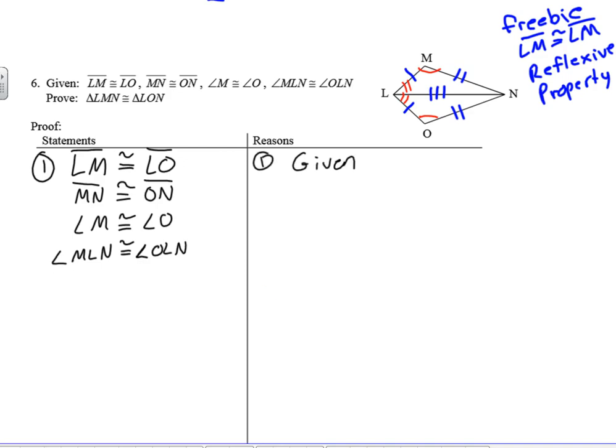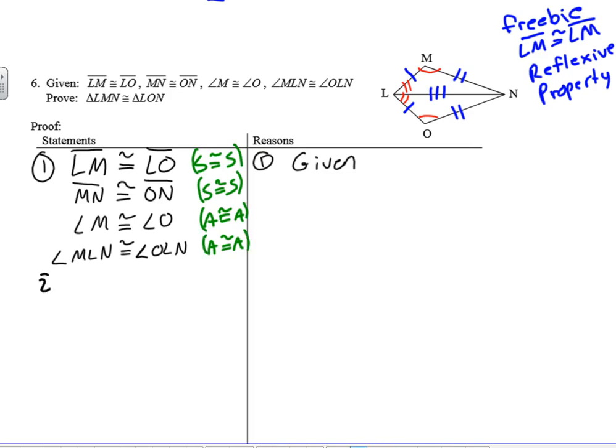All right, so now this isn't really a part of a proof, but it can just help you. You've got a side congruent to a side congruent to a side, an angle congruent to an angle congruent to an angle. So of the 6 parts that we need, so far we've got 4 of them. We've got 2 sides and we've got 2 angles, so we need to get 2 more.